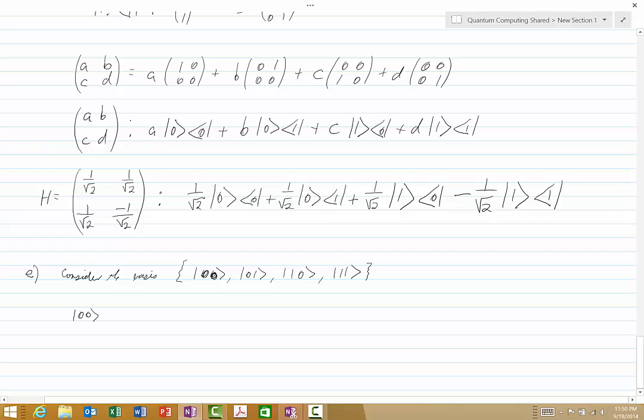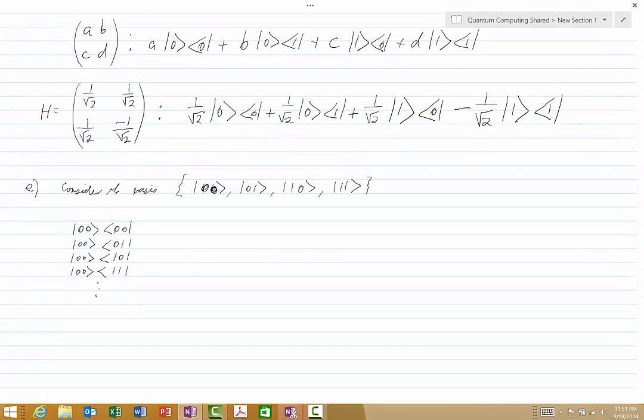So we'll have this, that's the first 4, and then you would keep on going, and finally down here we get |11⟩⟨10|, |11⟩⟨11|.